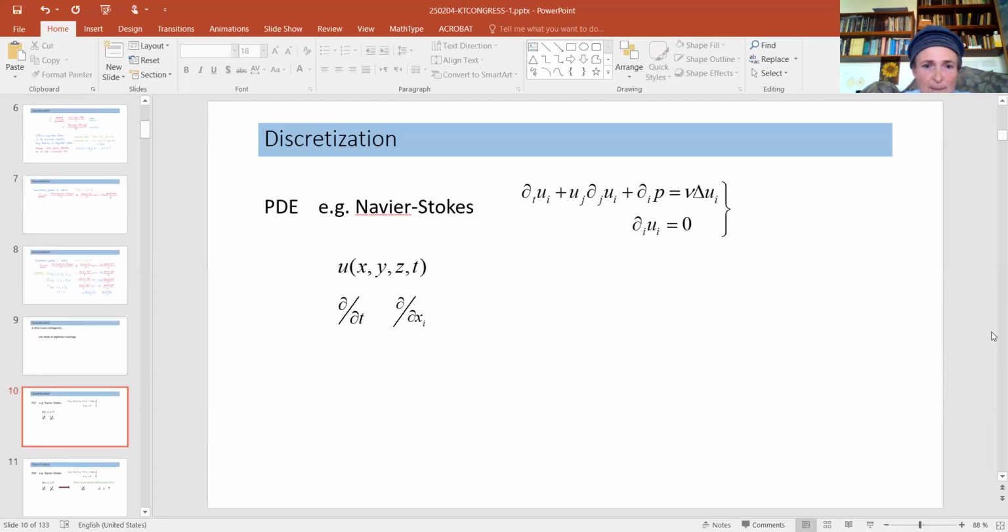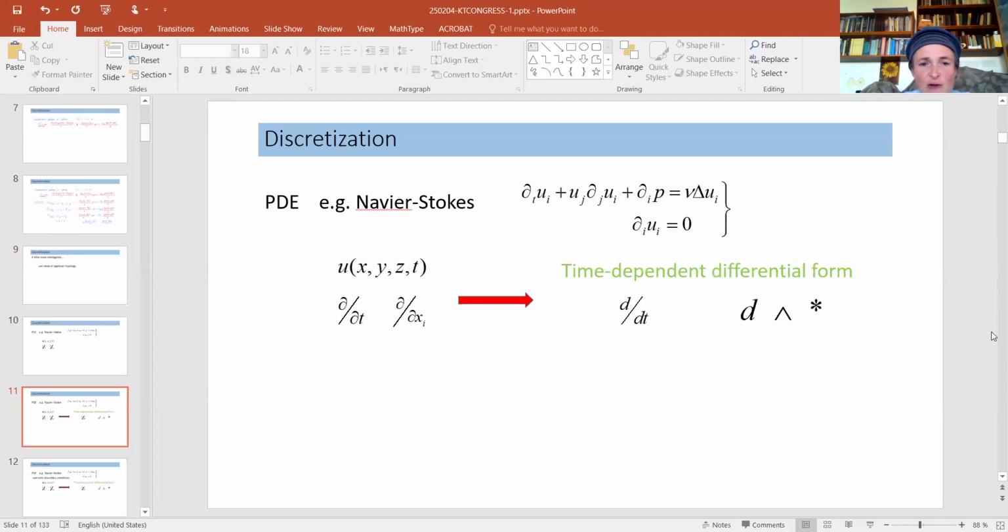Here are our equations. Instead of thinking of U as just a function of space and time, we'll think of it as a time-dependent differential form. So now we have the time derivative, and we have operators on differential forms. We have exterior D, wedge product, and star.